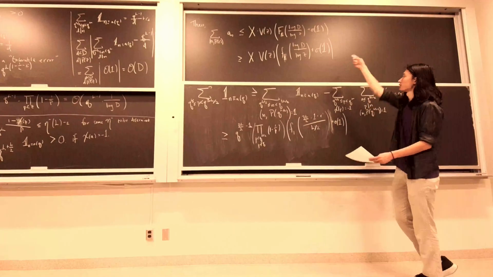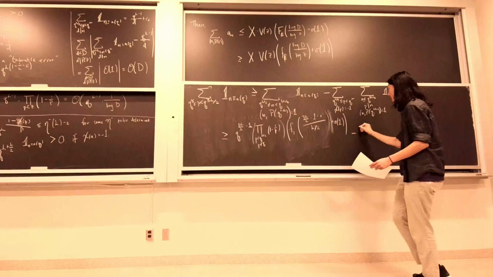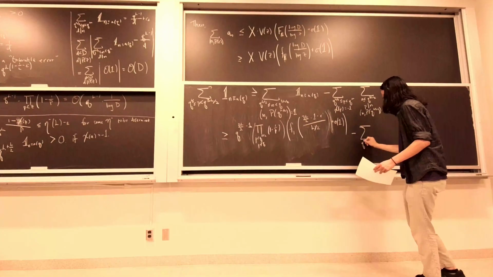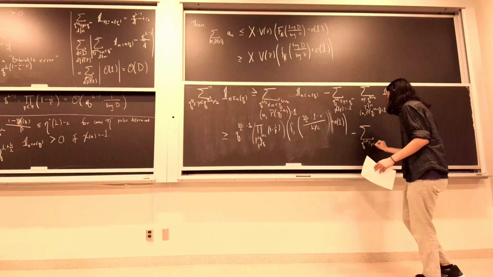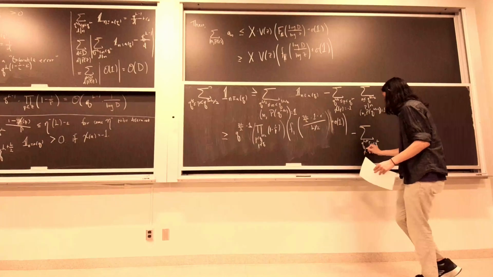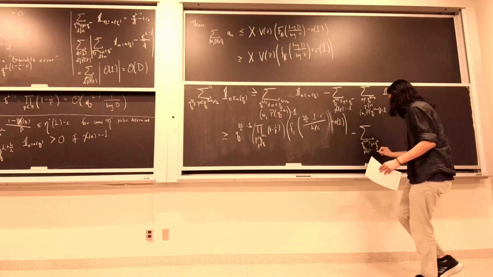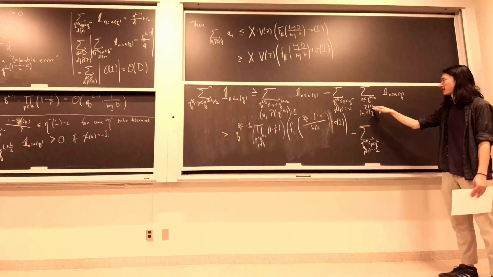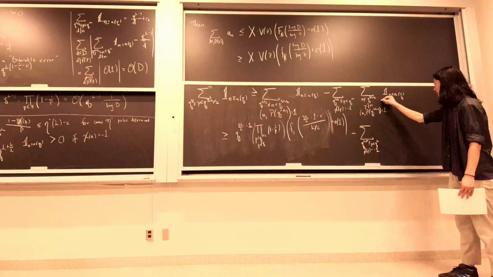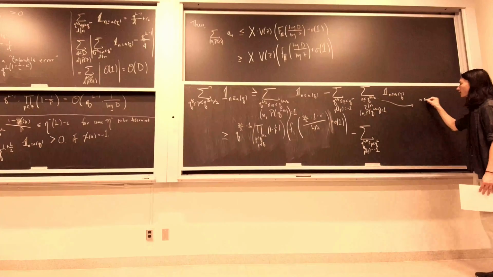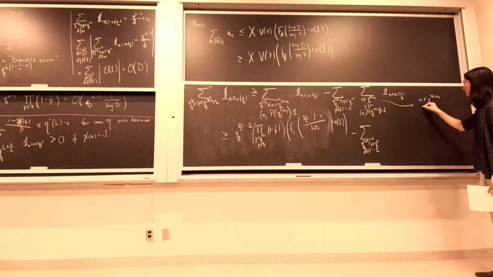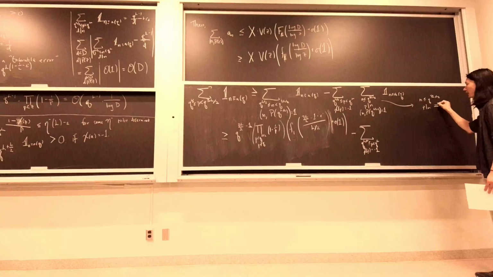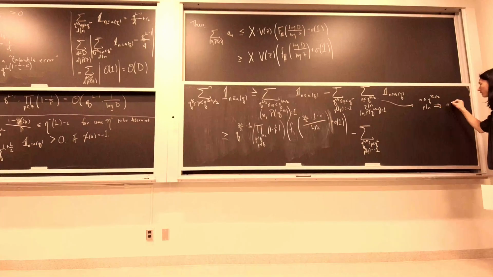However, I need to use the upper bound sieve, so this will be minus some sum, q to the L over 2 less than or equal to p less than q to the L, and this time chi of p is equal to minus 1. And what I get instead is, because p divides n, n must be less than or equal to q to the 3L over 2, and p dividing n implies n is less than or equal to q to the 3L over 2 divided by p.